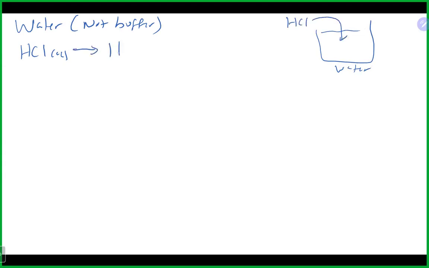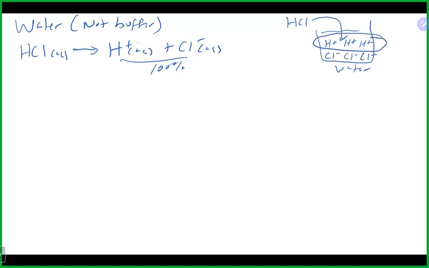Because it's a strong electrolyte, it's going to completely break apart into H plus and Cl minus. So 100% is what you're going to get on this side. And that means when you look at this solution that was water, you're just going to get this HCl breaking apart in it. And that's really bad, because what you just did is dump in there a bunch of free H plus.